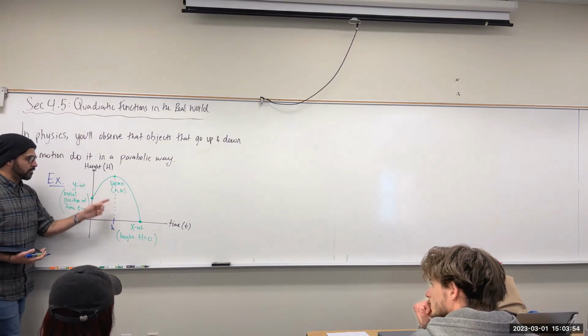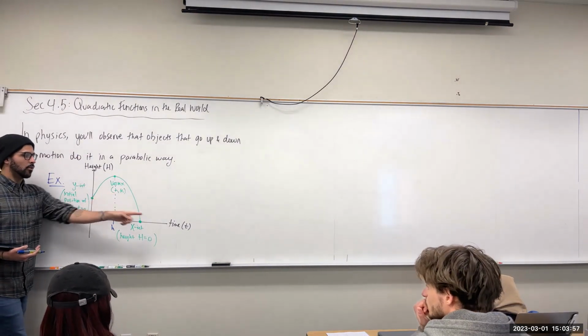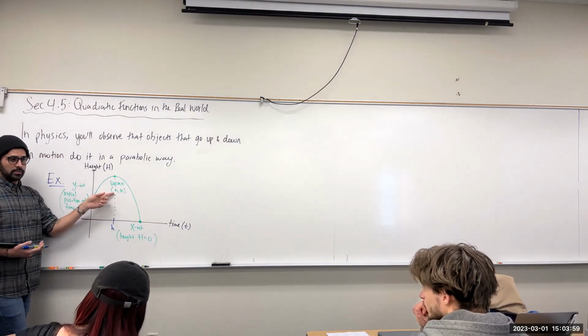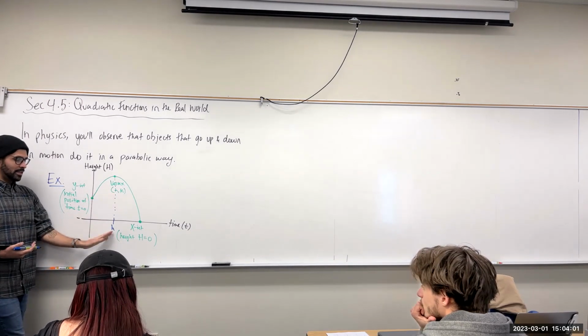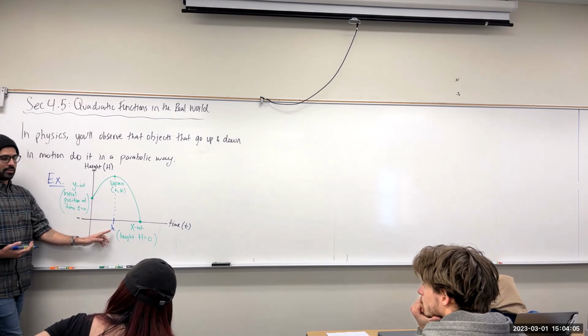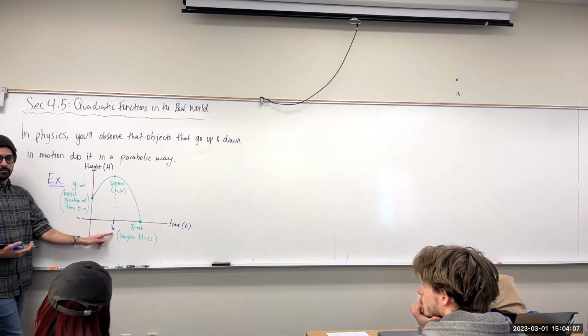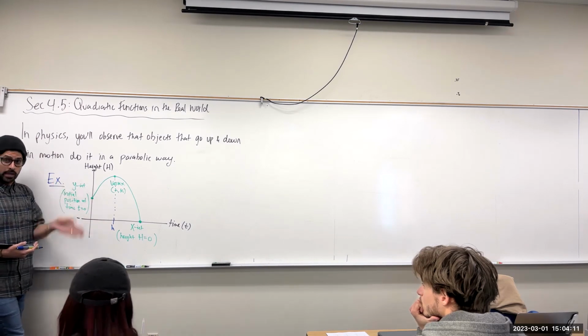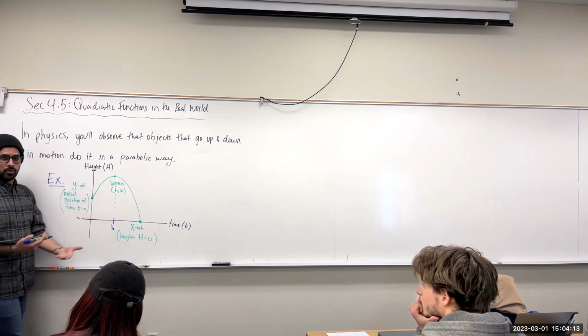Little h here is the x coordinate or the t coordinate of the vertex. Okay, so it's representing time. But what is special about this time? What's happening at this little h time? That's the time where you have maximal height. What is the maximal height?